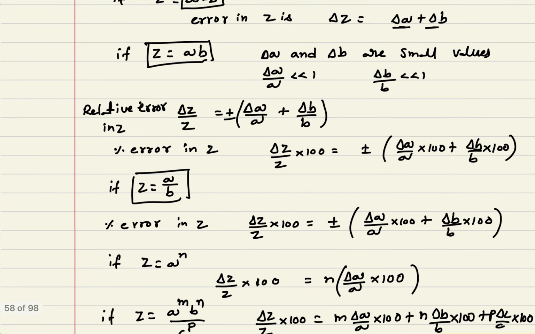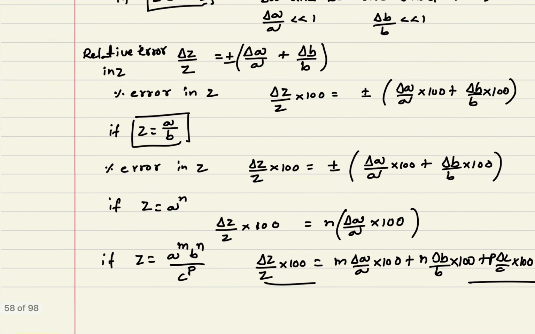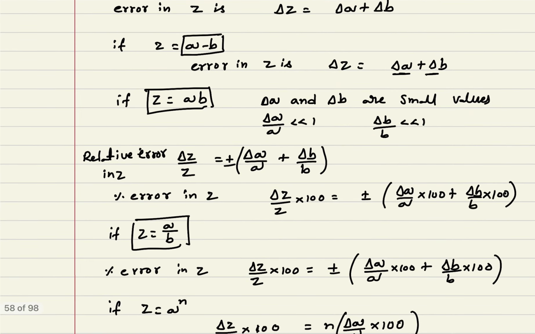Based on this, we can solve problems: how to add absolute errors, how to subtract absolute errors, how to multiply percentage or relative errors. Similarly, how to do the calculations related to the powers involved, like A power m, B power n, C to the power of p.